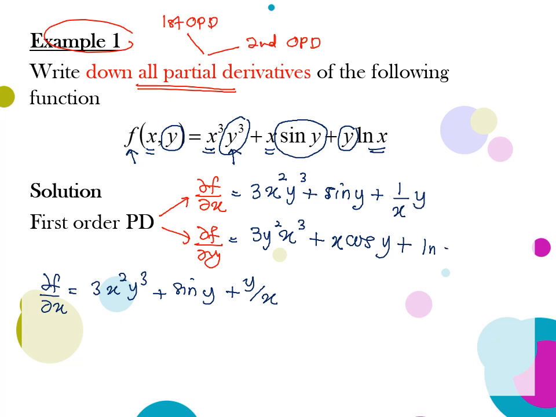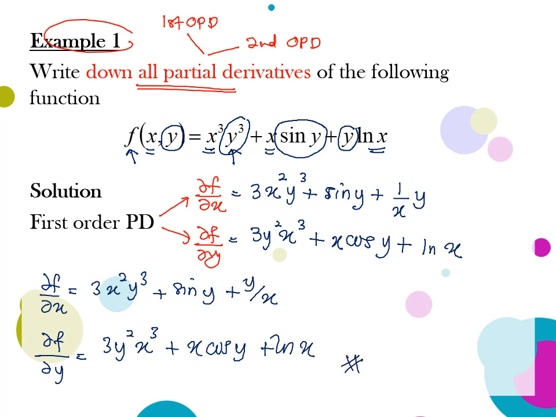So here, del f del y, partially differentiating your function f with respect to y, is 3y squared x cubed plus x cos y plus ln x. So as easy as that.